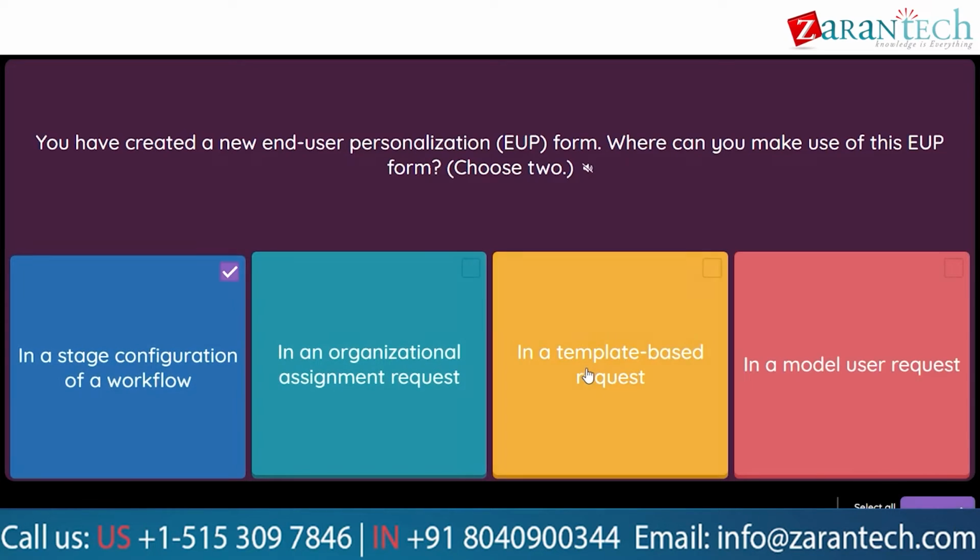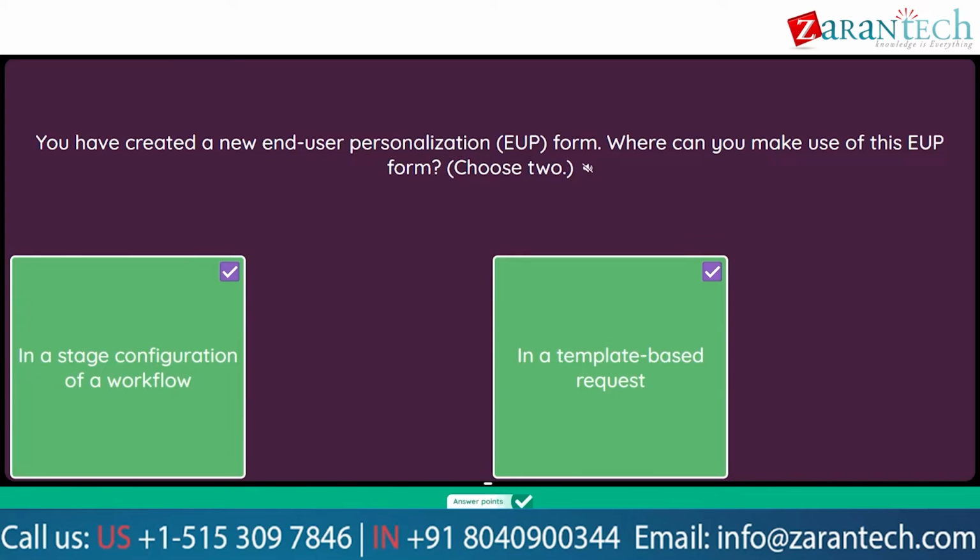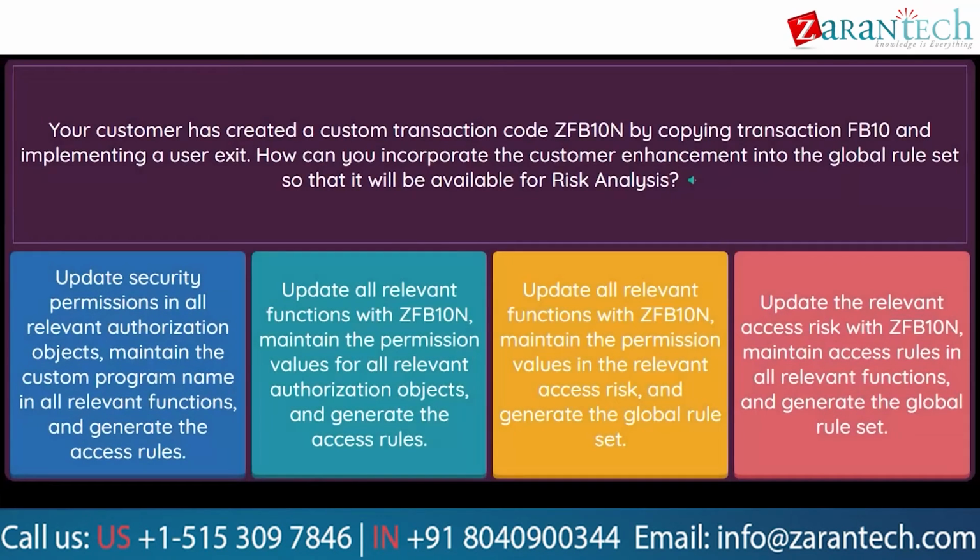Question: Your customer has created a custom transaction code ZFB10N by copying transaction FB10 and implementing a user exit. How can you incorporate the customer enhancement into the global rule set so that it will be available for risk analysis? Option 1. Update security permissions in all relevant authorization objects, maintain the custom program name in all relevant functions, and generate the access rules.